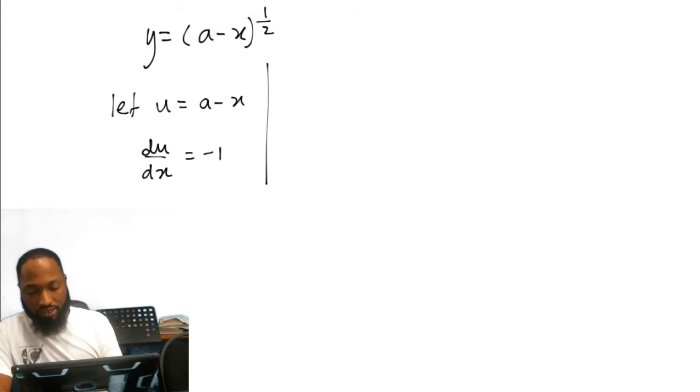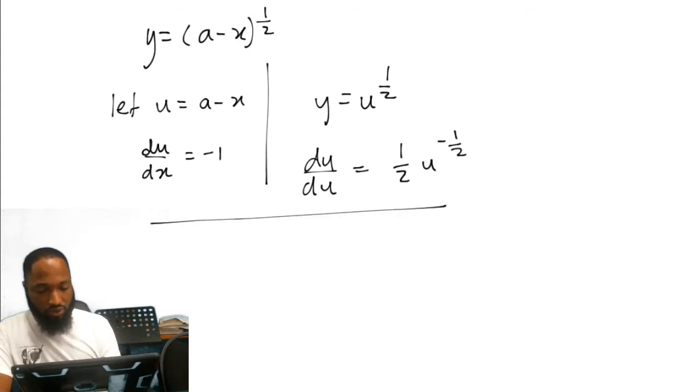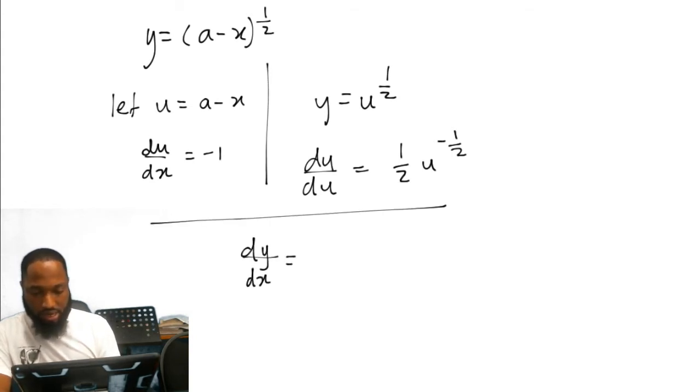When you let u equal that thing, y is equal to u to the power of a half, so dy du is equal to a half u to the negative a half. So dy dx, which is what you're trying to find, is half u to the negative a half multiplied by du dx, which is negative 1.